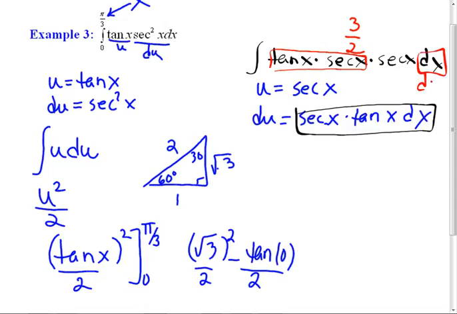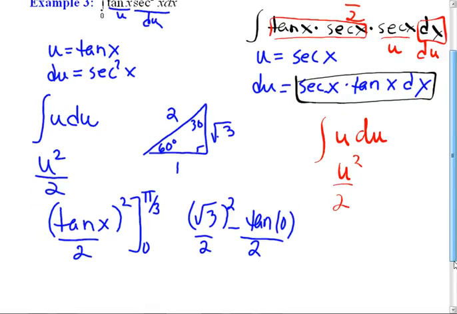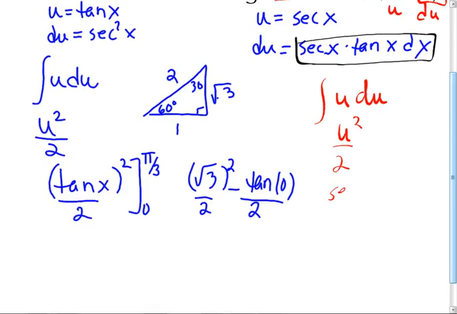That's du. What's the secant of x? It's u. So it's the integral of u du, which is u squared over 2. And what was u? U was the secant of x. And that's squared. And I'm going to evaluate this at 0 and pi over 3.